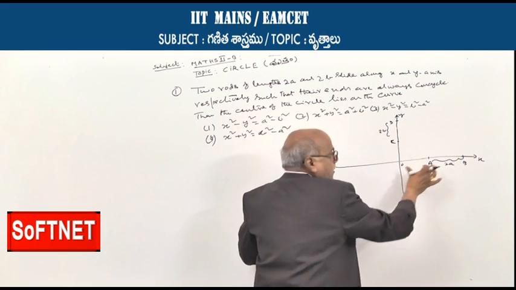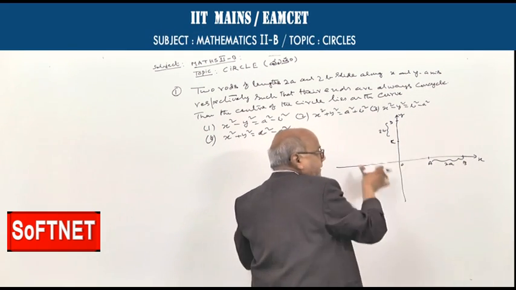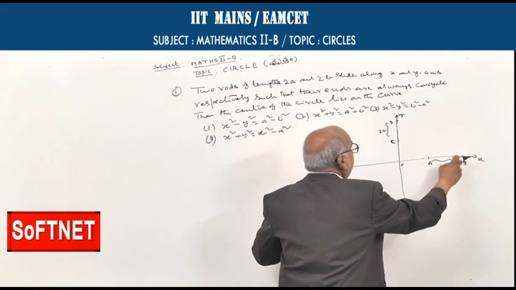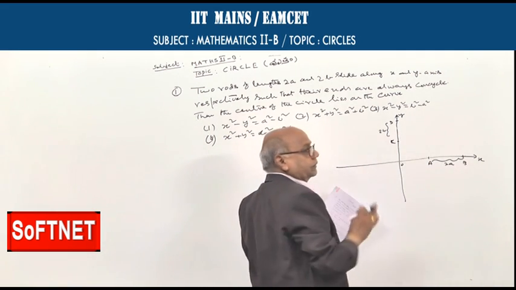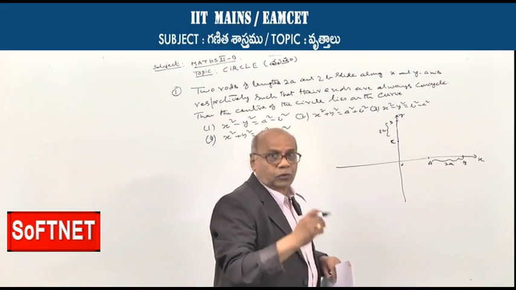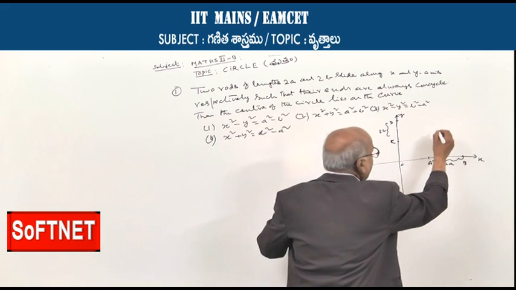These two rods are sliding along the axes with the condition that A, B, C, D are always concyclic. They lie on a circle. Then we want to find the locus of the center of that circle.